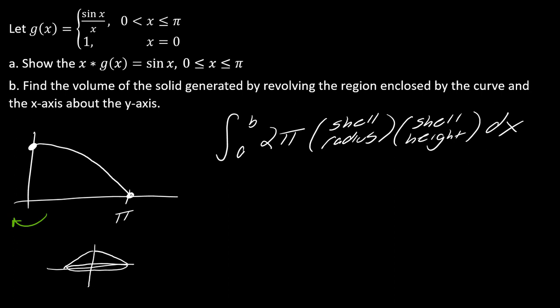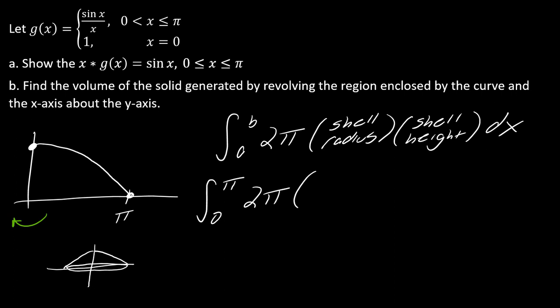Okay, so we're revolving around the y-axis, and just from the way that this particular object is being rotated, the height is entirely dictated by this curve. So I can actually restate some of this right here. This is going from 0 to pi. I've got 2 pi.